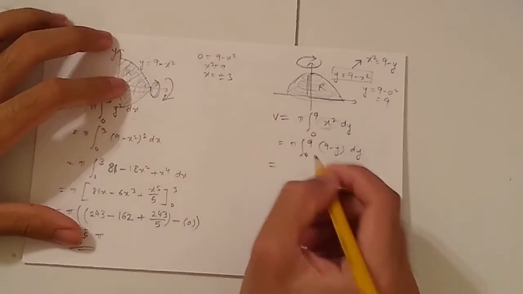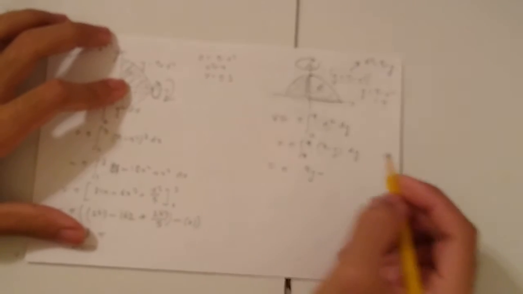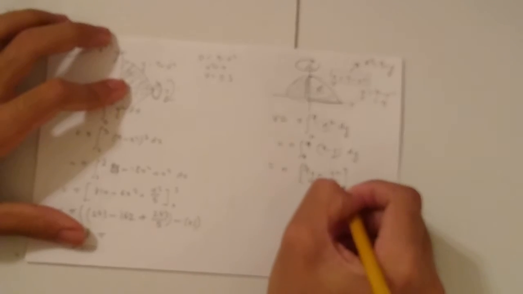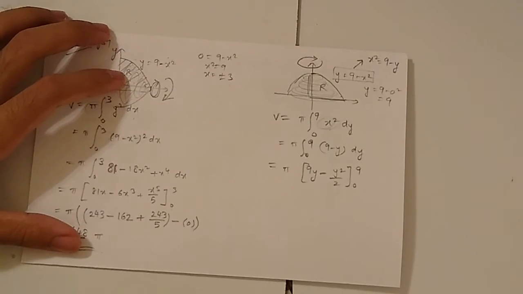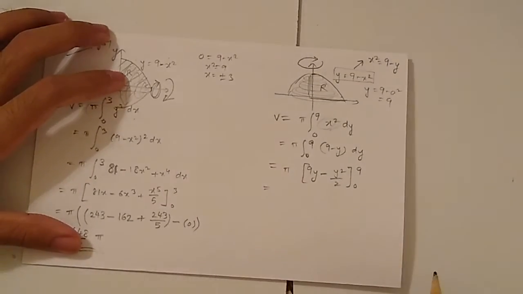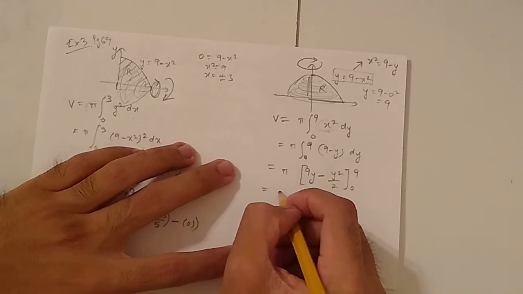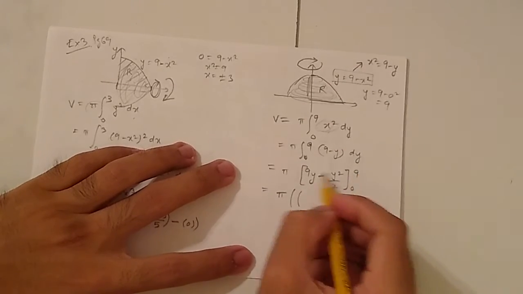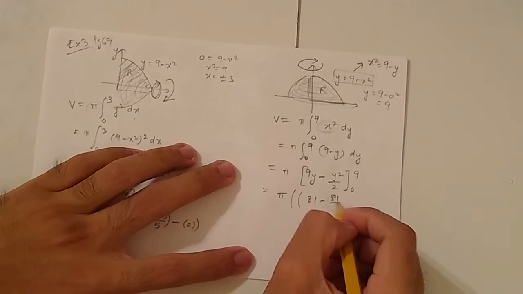Now you can easily integrate this. So you get pi into 9y minus y squared by 2 from 0 to 9. Therefore this finally becomes pi into 9 nines are 81 minus 81 by 2.